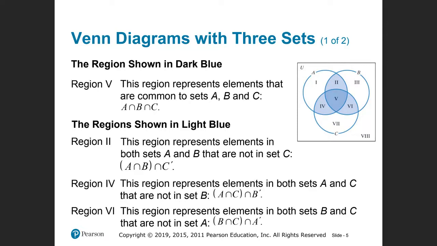They're a lighter blue. 2 represents those elements that are in A and B, but not in C. 4 would be those elements that are in A and C, but not in B. And 6 would be those elements that are in B and C, but not in A.